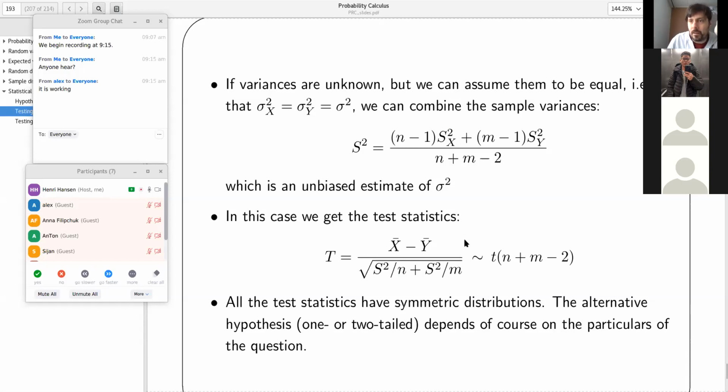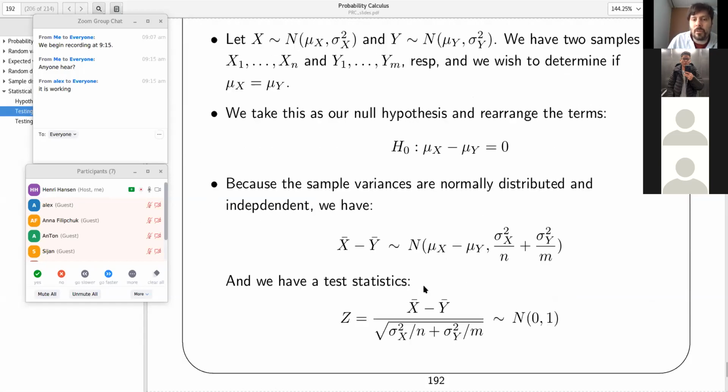It's tempting to use this formula and replace these variances with the sample variances of x and y. The problem is the sample variances of X and Y have kind of chi-squared distributions. Not quite, you have to divide by the actual variance.